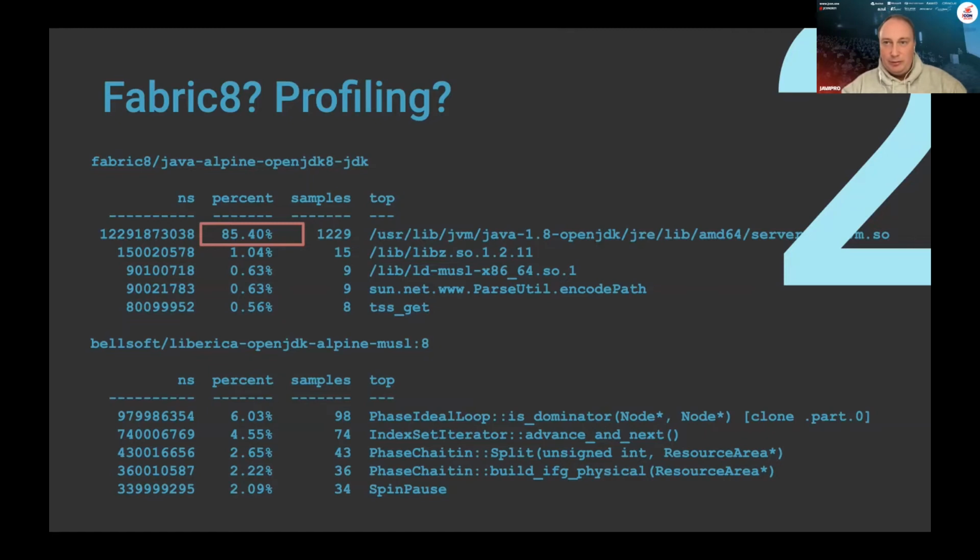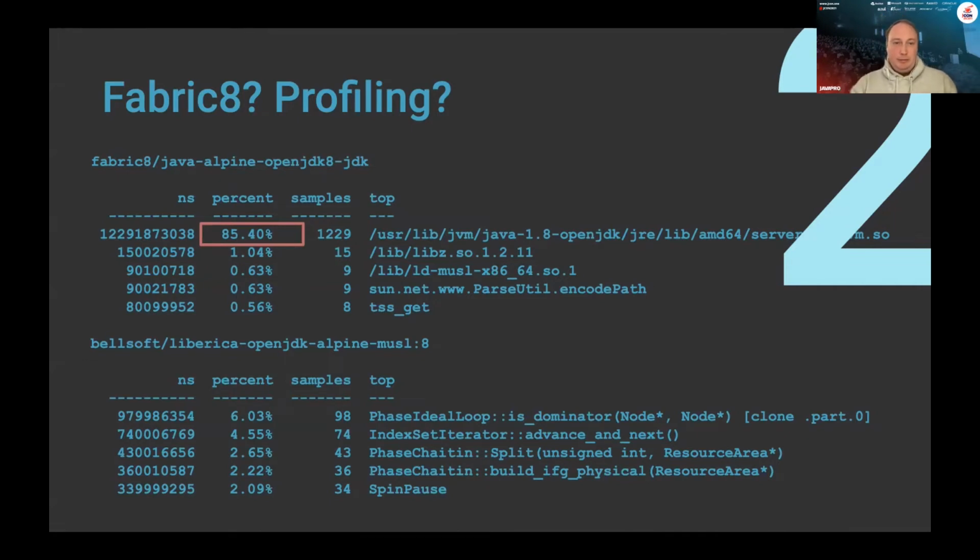Let's take another image, in this case Liberica. And we'll see detailed information about what happens inside the virtual machine. So we see that the C2 compiler works here, and we see different phases. How do they affect the CPU consumption?